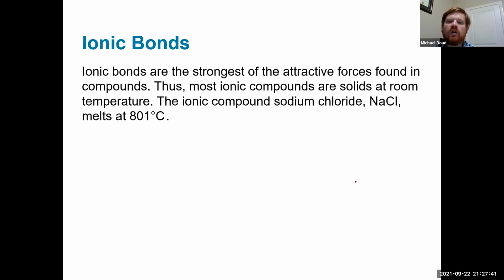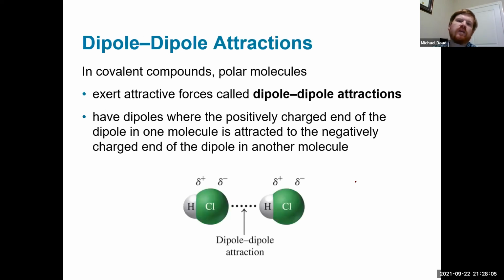Because of that, most ionic compounds are solids at room temperature, and they form regular repeating crystals. Another example is that sodium chloride, for example, melts at 801 degrees Celsius, which is just an enormous temperature. So in other words, these ionic structures are very stable due to the presence of these ionic bonds. Okay, so ionic bonds, extremely strong.